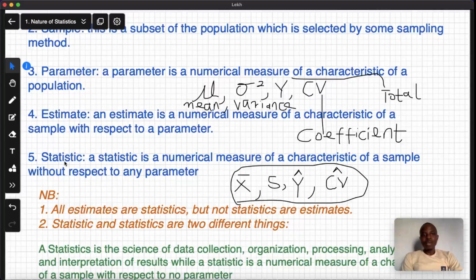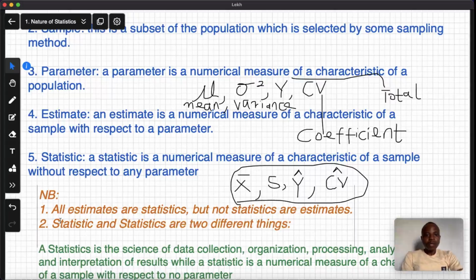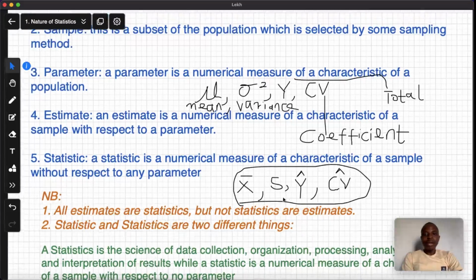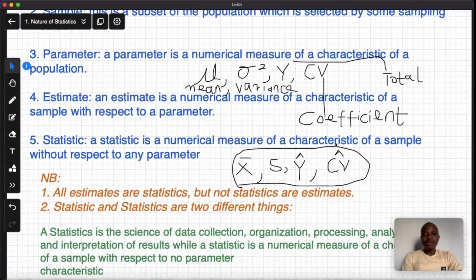The singular means statistic, a numerical measure of the characteristic of a sample without respect to any parameter.